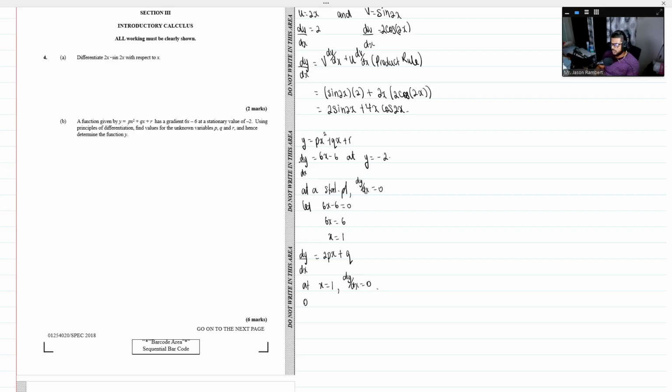So I'm going to get 0 is equal to 2p into 1 plus q. I'm going to get 0 is equal to 2p plus q. So I have one equation involving p and q. I'll have another equation involving p, q, and r.